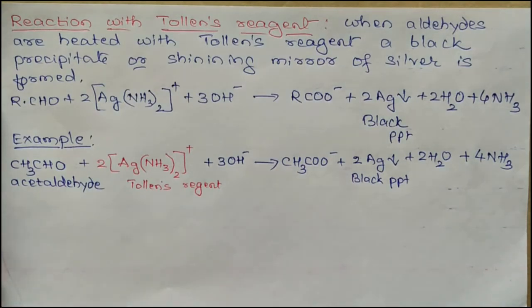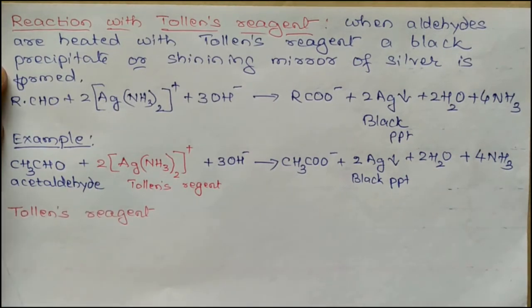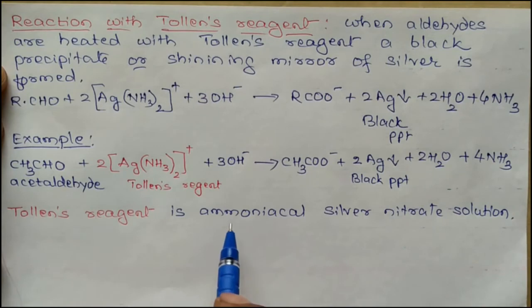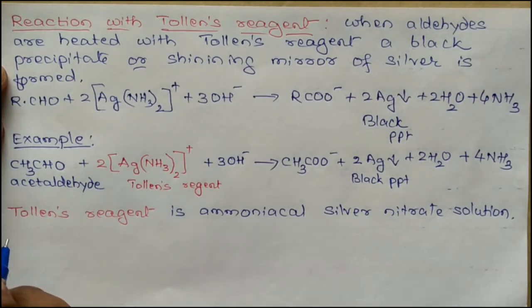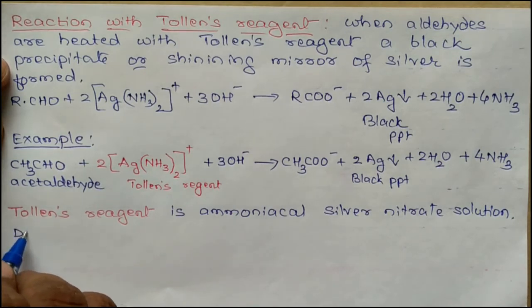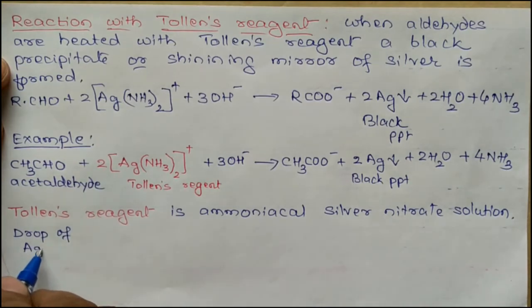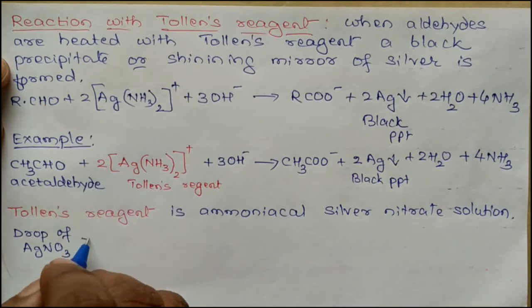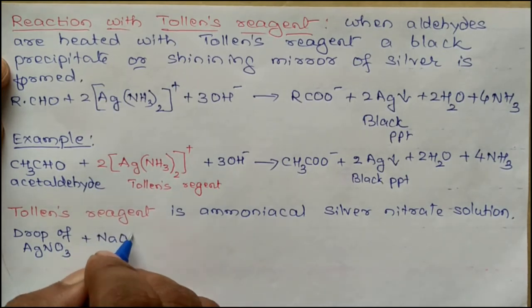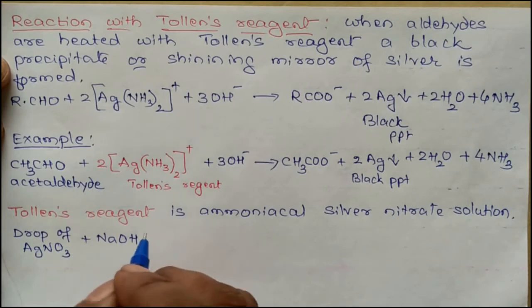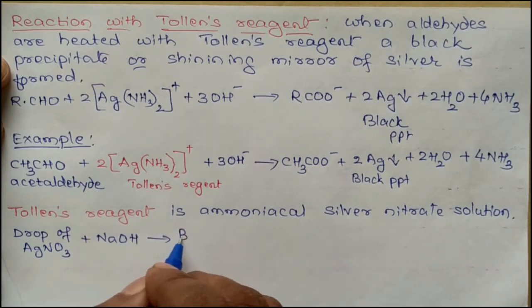Now let us see how Tollens reagent is prepared. Tollens reagent is ammoniacal silver nitrate solution. It is prepared by taking a drop of silver nitrate and adding sodium hydroxide. You are going to get a brown precipitate.